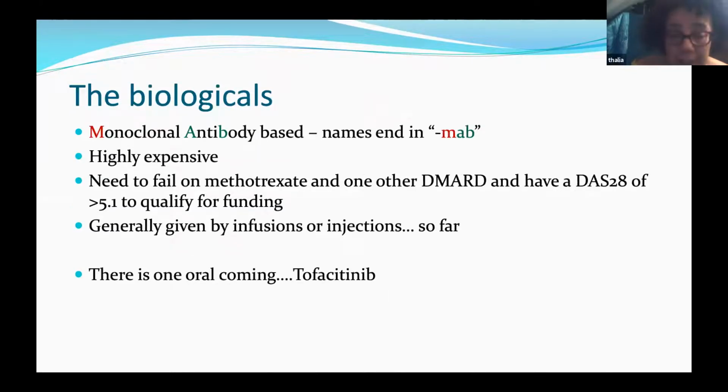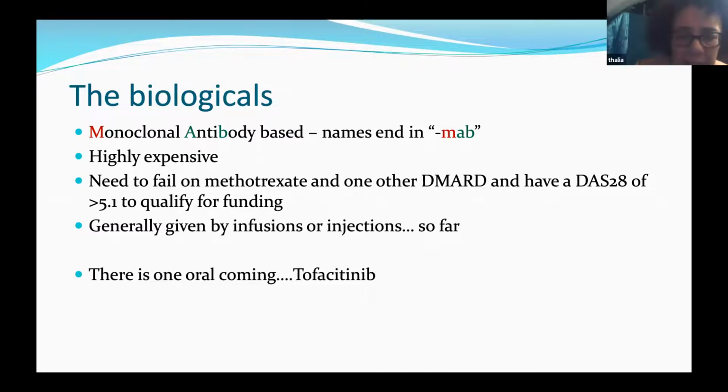So the biologics. As I said, this presentation was done by a GP trainee, and he was trying to understand what we were talking about. So empirically, he said, okay, if it is a drug that finishes in MAB, it is a monoclonal antibody. They are expensive, although now with biosimilars, the price has fallen.